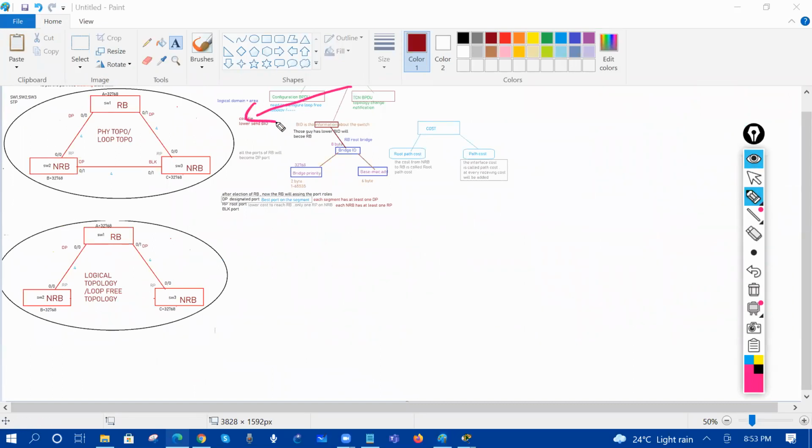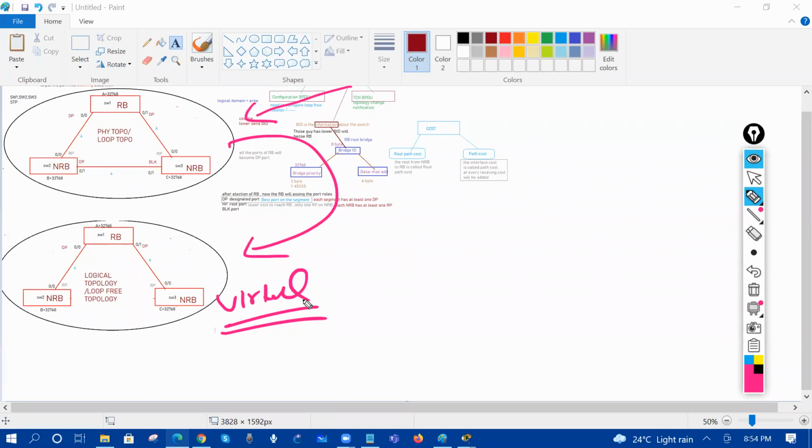Actually, your topology will look like this, but after spanning tree runs, it will make a topology like this. That's virtual. You can't see it.